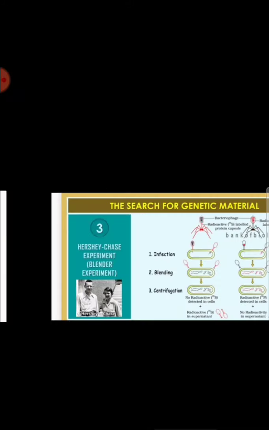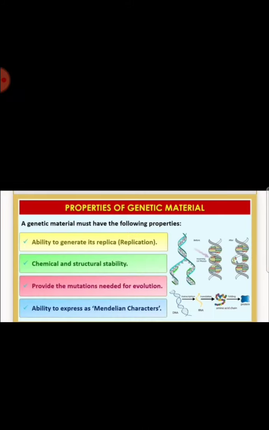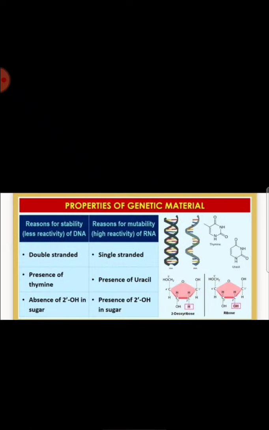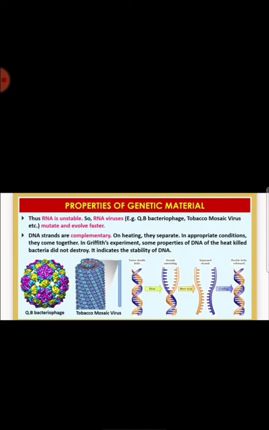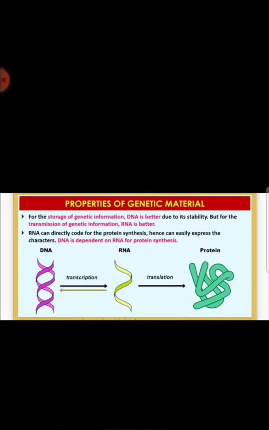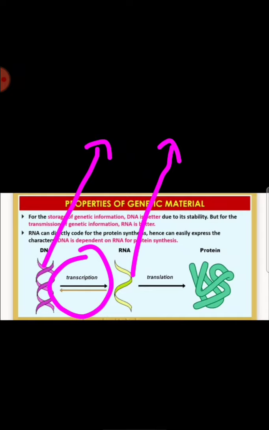In this class you just have to remember the properties of genetic material that we have studied, the difference between DNA and RNA, and what the complementary strand is and how it is produced. DNA, by heating, will unwind and the two strands are separated, and by cooling the strands will be rewound. And you should have the knowledge that DNA will produce RNA by the process of transcription, and then RNA by the process of translation will produce protein.